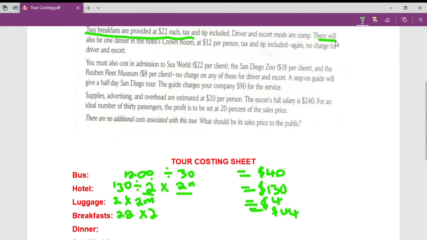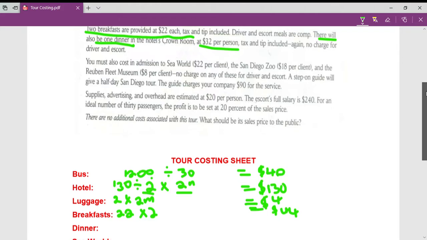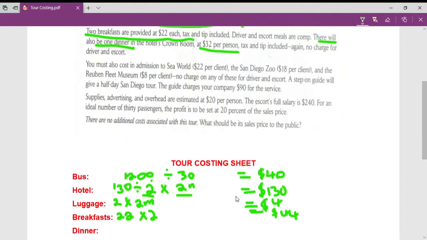It goes on to say that there will also be one dinner in the hotel's crown room at $32 per person. Now, prices like this are easy to carry over because it already says per person. The idea with this amount in here is we're trying to determine how much it costs per person.